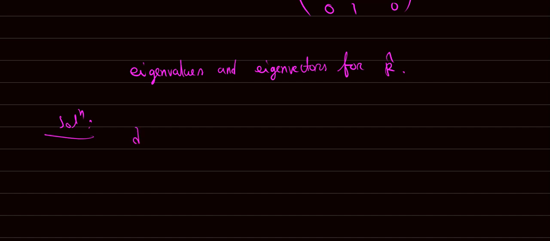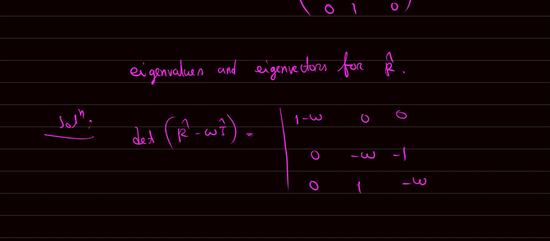So we need to take the determinant of R minus omega I. It will be 1 minus omega, 0, 0; 0, minus omega, minus 1; 0, 1, minus omega, and it will be equal to 0.